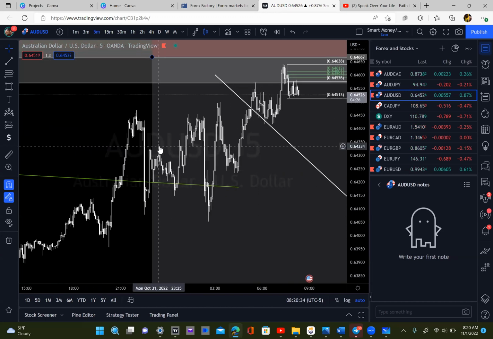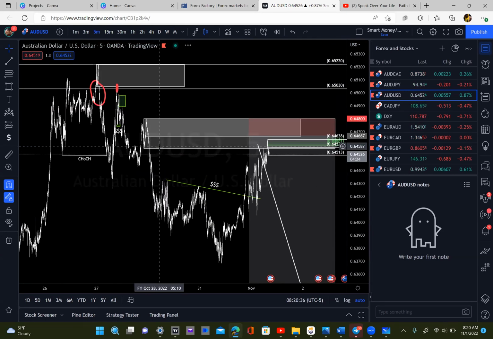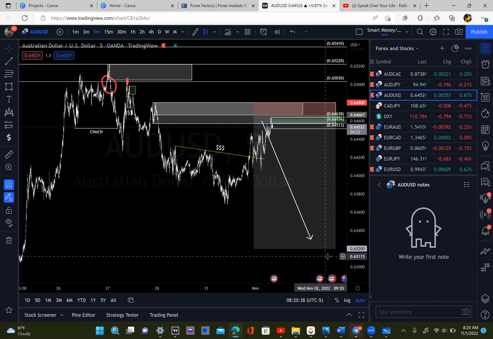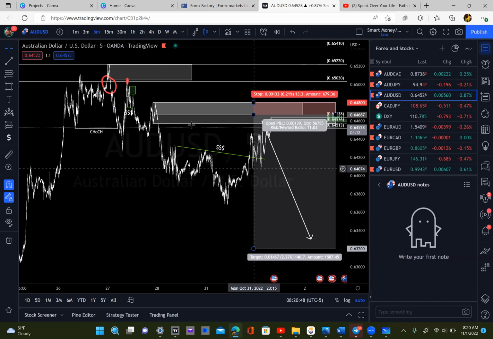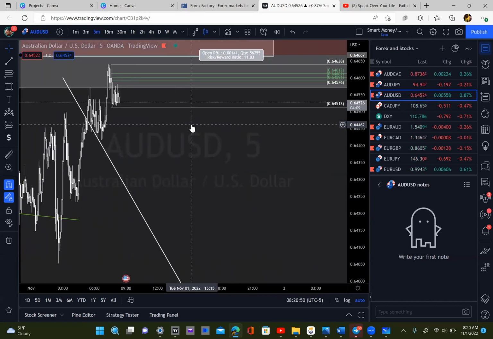Where did I have it going to? 0.6532. Put my stop loss at, let me see. This is 51.63.